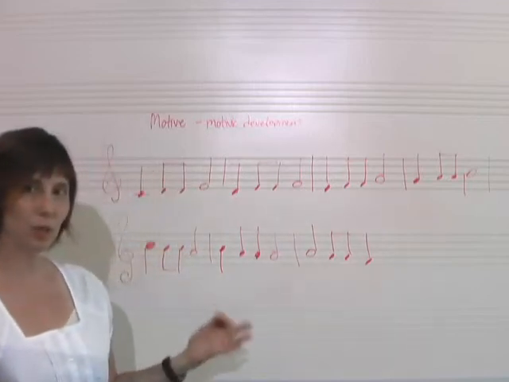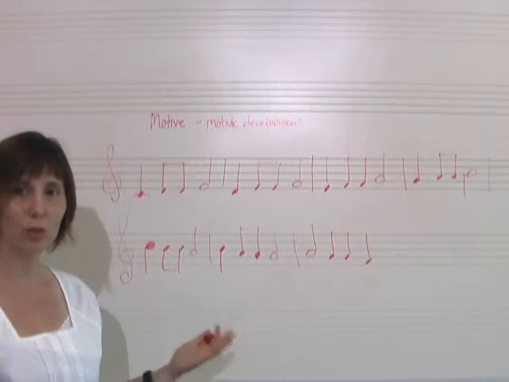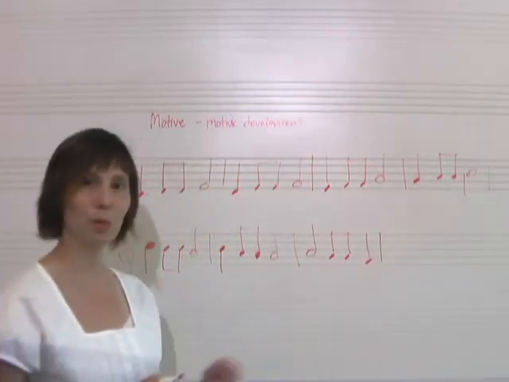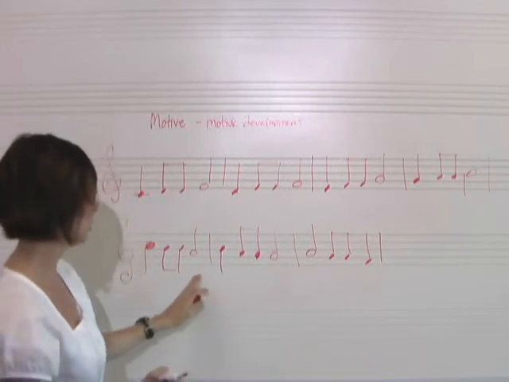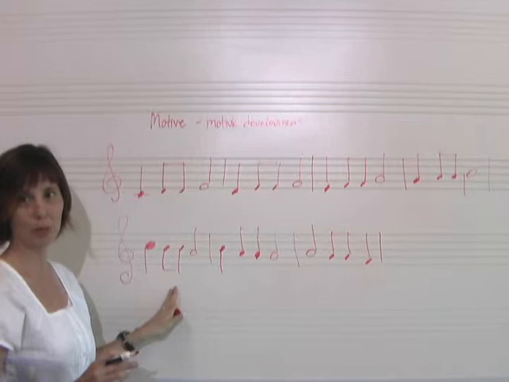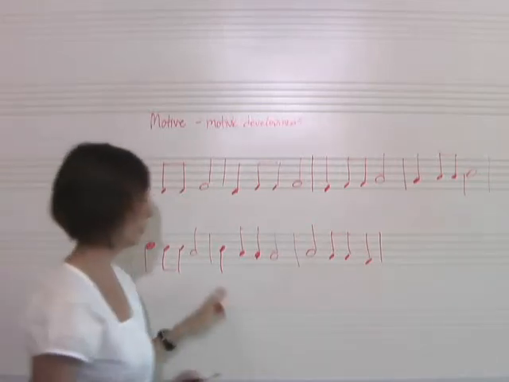And then another thing would be to make all the rhythms half as long or twice as long. So I think I'll do a couple like that. I'm going to make everything half as long. So my quarter note will become an eighth note. My eighth notes will become 16th notes. My half note will become quarter note.